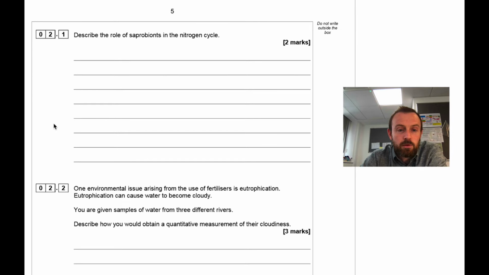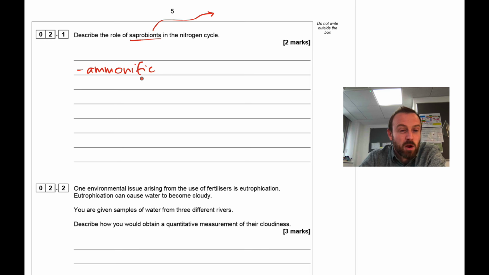Describe the role of saprobionts in the nitrogen cycle. Saprobionts are what AQA calls decomposers at A level. They are microbes and fungi, so bacteria and fungi, that do decomposition. Now we need to put some specific language in this. First of all, they do something called ammonification.